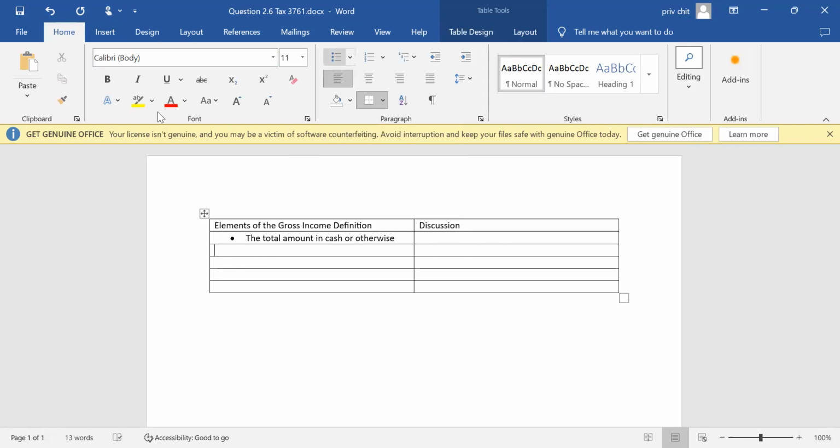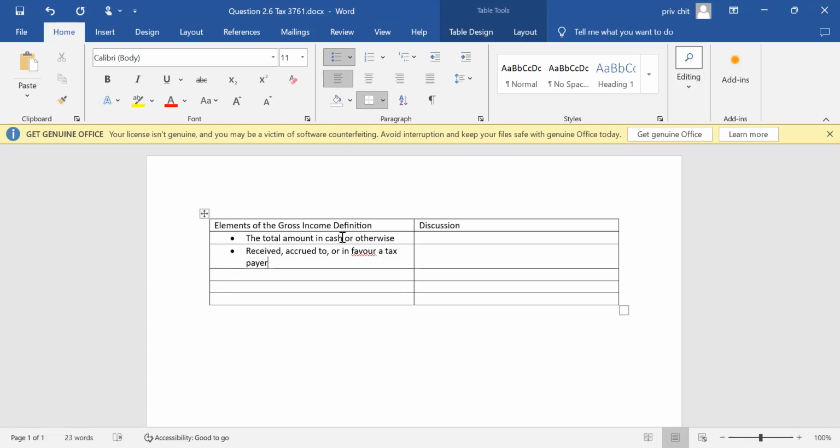Then the second element is what? Total amount in cash or otherwise received by, accrued to, or in favor of a taxpayer. Okay.